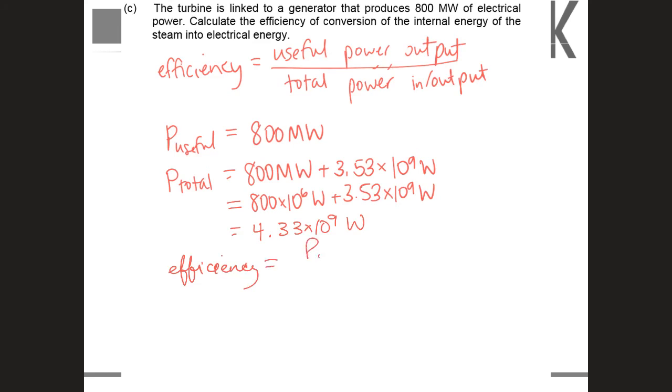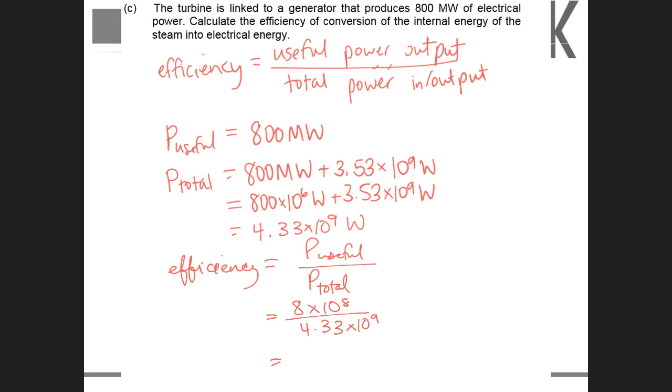So we've got our useful power over our total power, and just plug our numbers in. So useful, that's 800 megawatts, or 800 times 10 to the 6, or 8 times 10 to the 8 watts, over 4.33 times 10 to the 9.